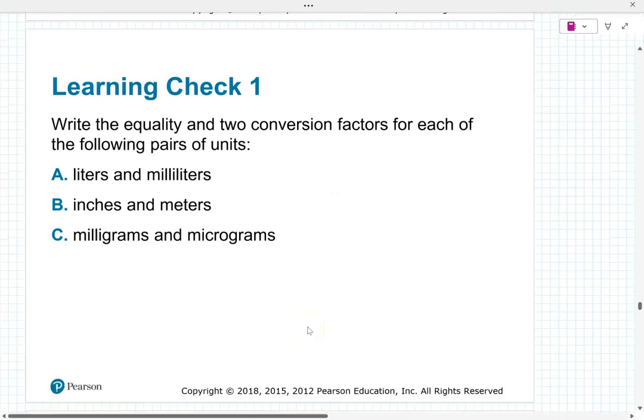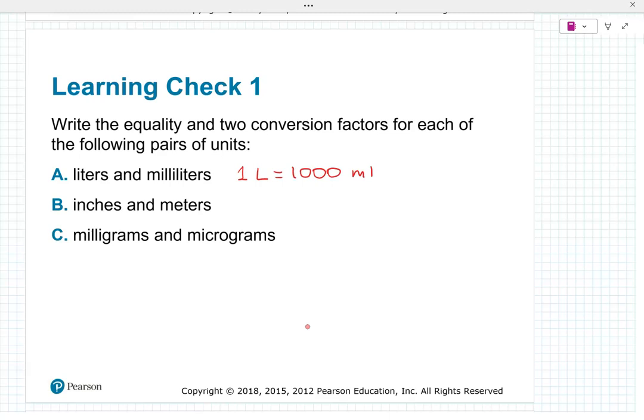Okay? So, for example, first of all, what is the equality for liters and milliliters? Tell me. 1 liter is equivalent to 1,000 milliliters. Therefore, the conversion factor, this one I'm going to do for you, next one's you're going to do for me.